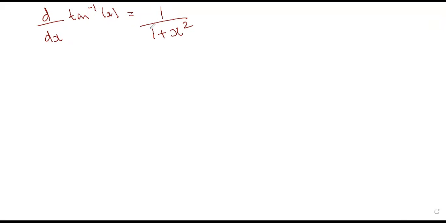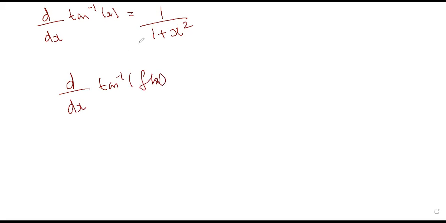This 1 and 1, they are something which you would be using every time. The only different thing is this x. It could be that the question has 2x, 3x, 4x. Whatever it is, that is going to come here with a square, right? That is d by dx of tan inverse f of x.